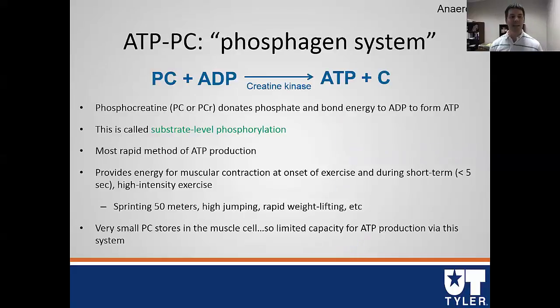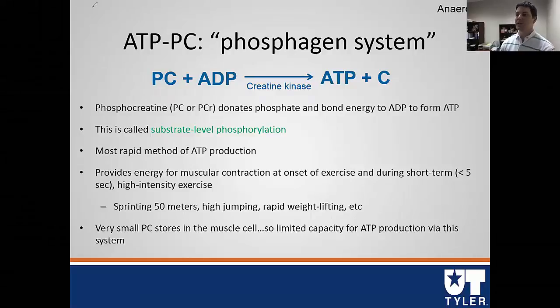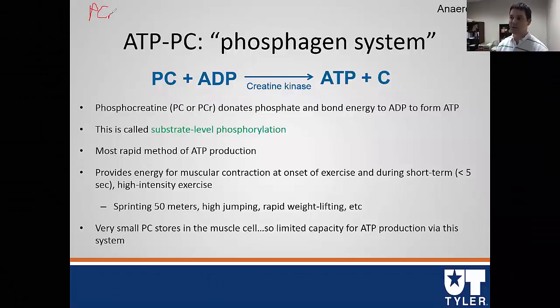So the first is the ATP-PC system. I'll just say this, there are lots and lots of names for this system. Everyone has their own vernacular that they like to use. Some people, I'm partial to the phosphocreatine or PCr system. We also have the PC system. Here we have the ATP-PC system.